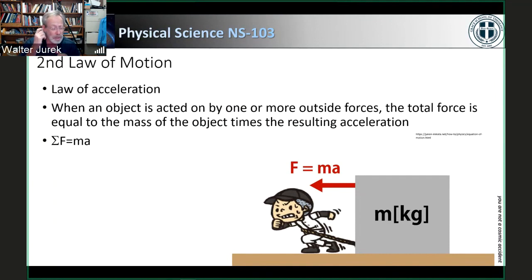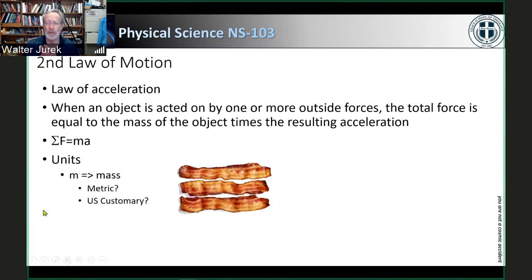And even closer to home, we experience this every day. Guess what? Our weight is a force. It's our mass times the acceleration due to gravity. And since it's important to pay attention to units, so it'll save you bacon, let's talk about units.